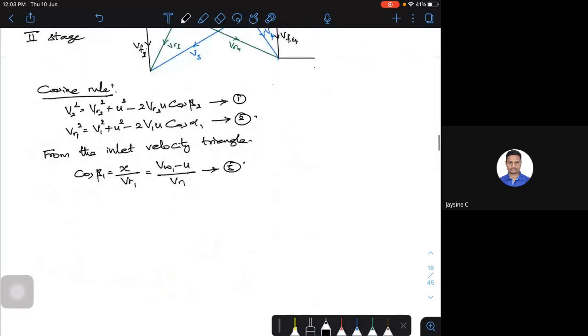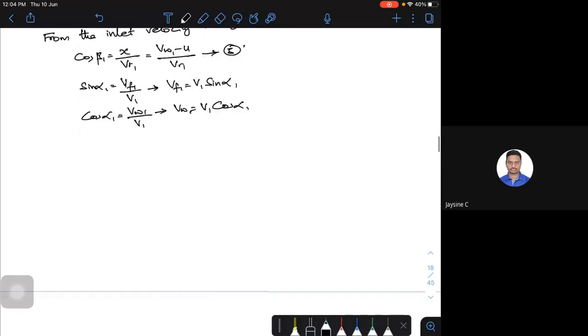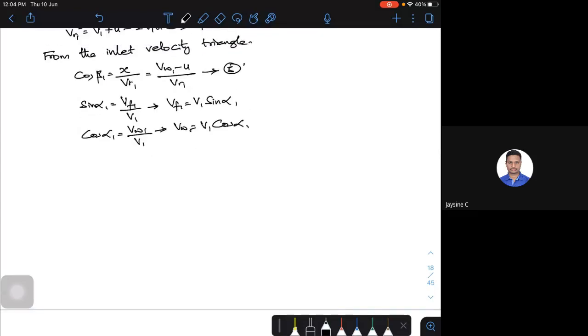So VF1 is equal to V1 sin alpha 1, and VW1 is equal to V1 cos alpha 1. Yesterday I told you that I am going to use trigonometric principles or the scaled velocity triangles. Now, what is your VW1? VW1 is V1 cos alpha 1.